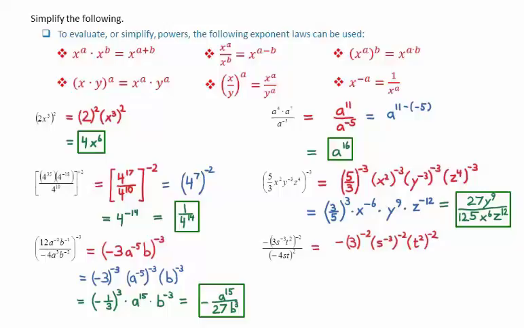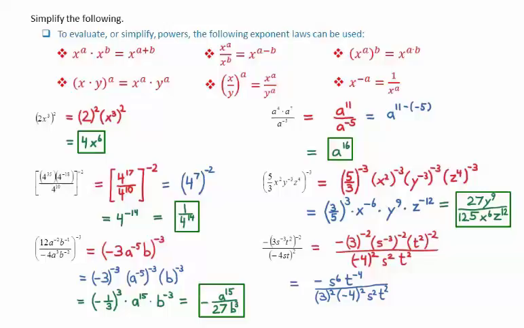On the denominator, we have negative 4 squared, s squared, and t squared. Next, the negative on the top can stay there, but the 3 raised to the negative 2, we can remove that negative exponent and put the 3 squared on the denominator.